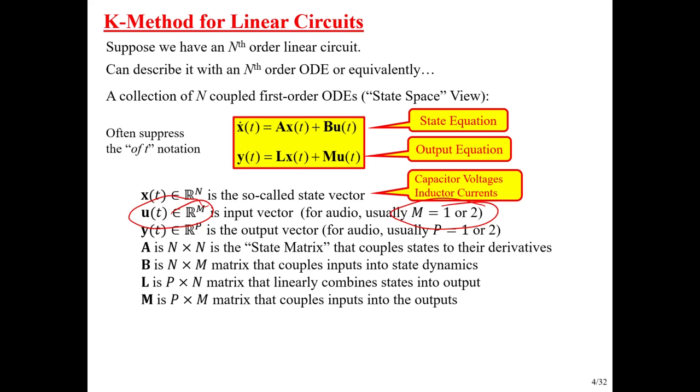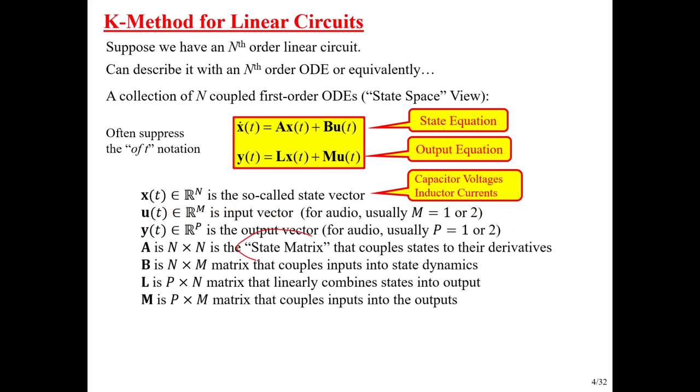For audio, we're usually talking about one input or maybe two inputs if it's stereo. If you were doing something like Dolby 5.1, you might have more than two, but we're going to limit ourselves to one input and one output. Same thing for the output.